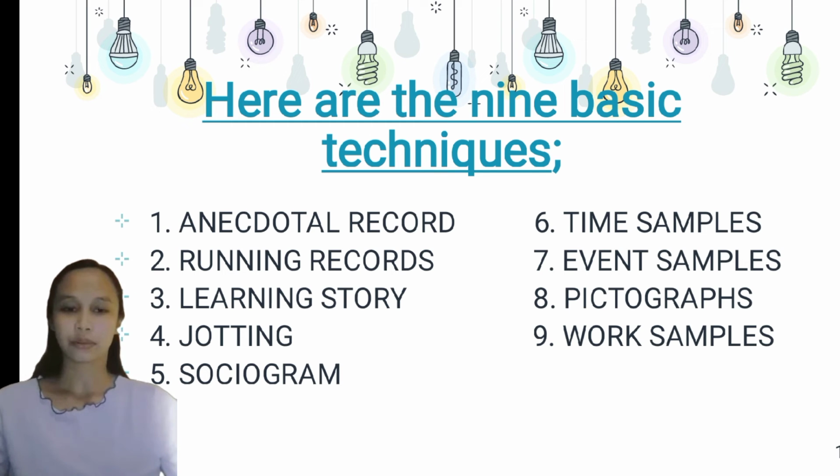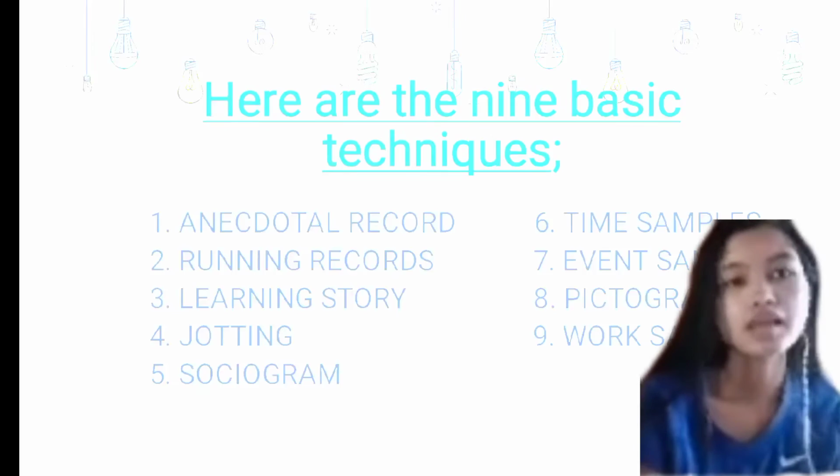And lastly is a work sample. So it is a collection of work from a child. For example, their drawings, their paintings, and also their written works. So these are the 9 techniques on how to document your observation towards your pupils or towards your learners.